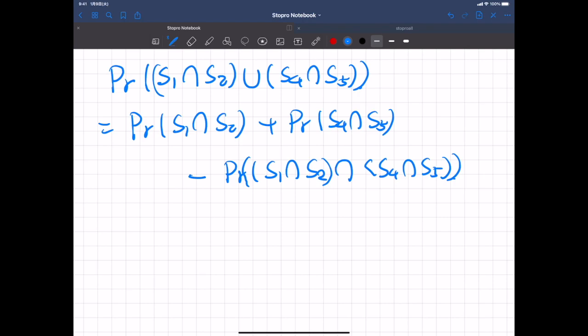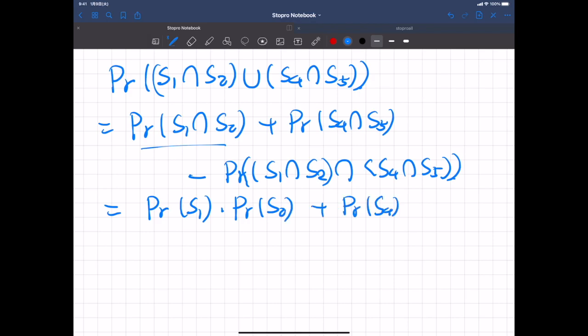Now, again, using the independence assumption, this can be split into the product: S1 times S2 and S4 times S5.